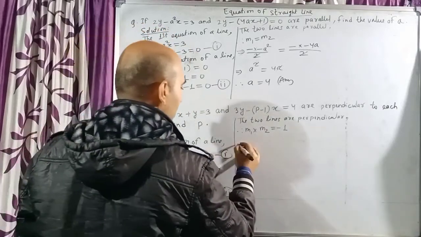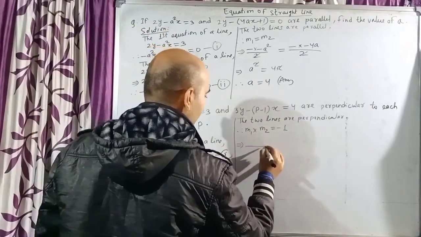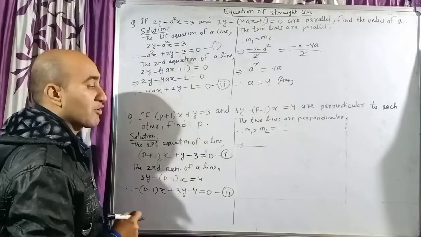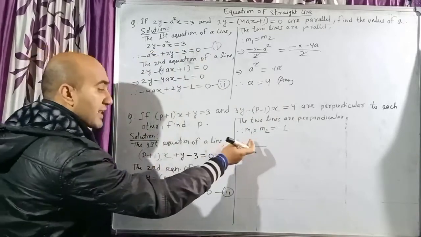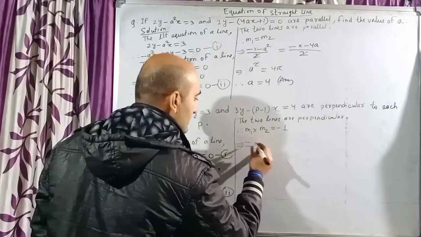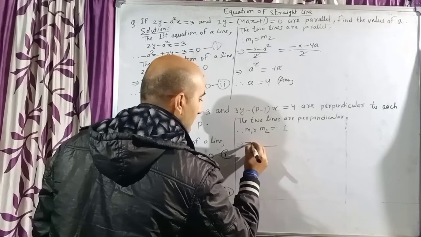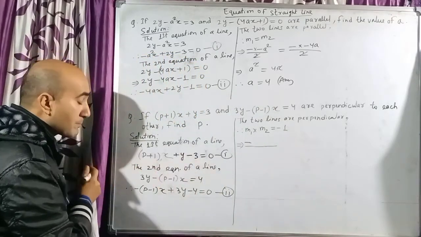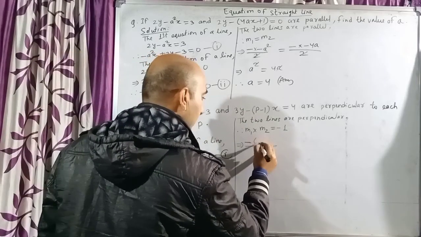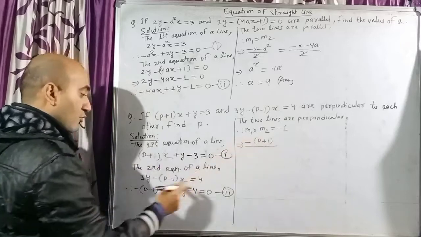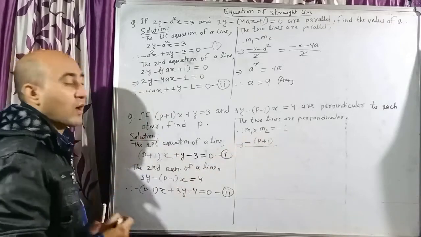Again very interesting children, as the straight line is in the equation form, our formula is minus coefficient of x by coefficient of y. So what you do, write minus first and check who is the coefficient of x in equation 1. Coefficient of x is p plus 1. So use bracket only and write p plus 1.